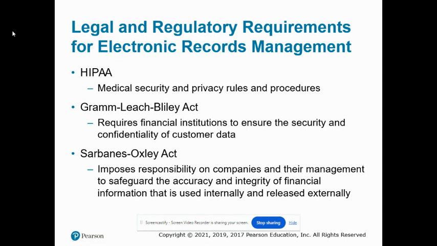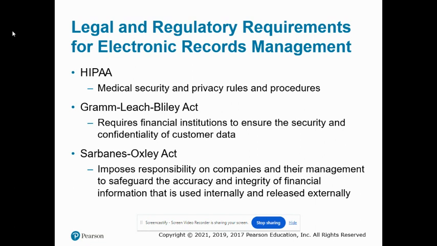Here we look at the business value of security and control, examining the legal requirements for electronic records management. Note that the Sarbanes-Oxley Act was designed to protect investors after the scandals at Enron, WorldCom, and other public companies.